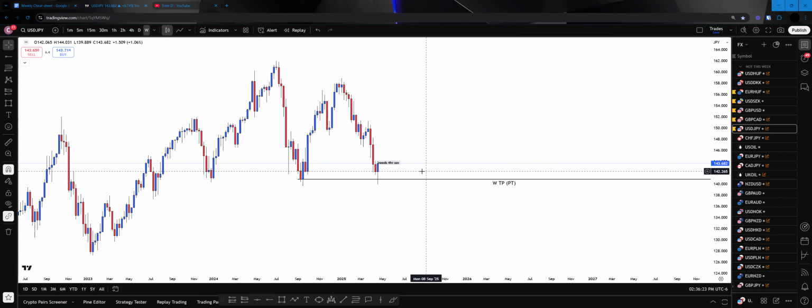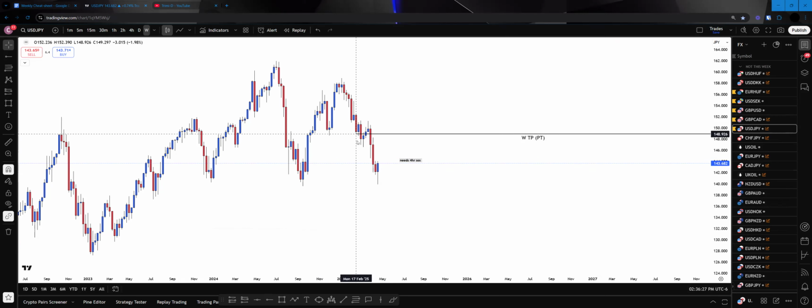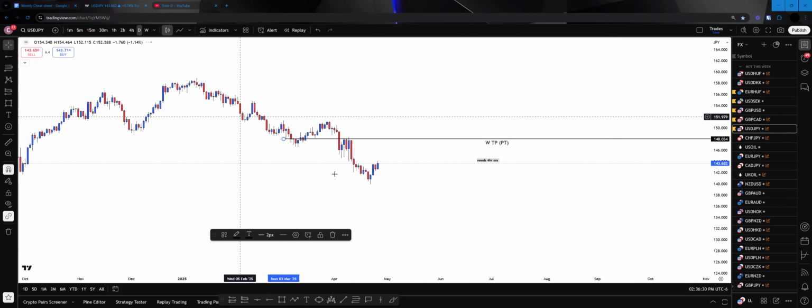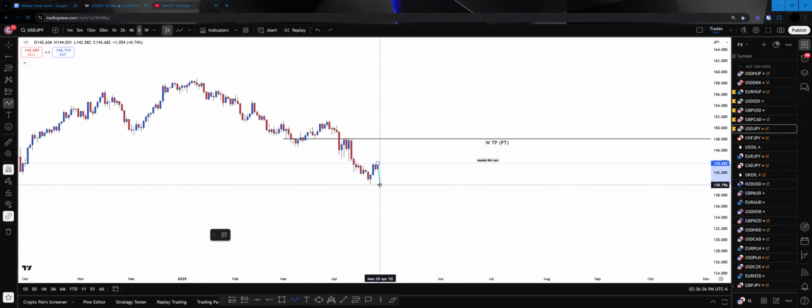USD JPY. We have to look for counter trends. So boom, and we need the daily to shift. I don't know how the daily is going to shift, so it's definitely not going to happen this week.